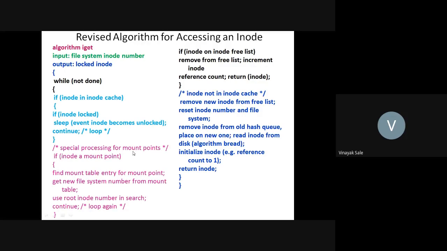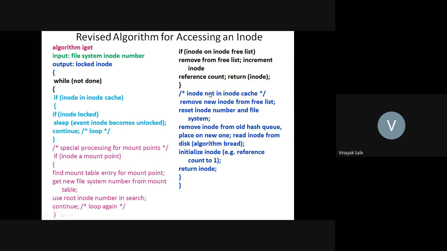Special processing for mount points. If the inode is a mount point, find the mount table entry for the mount point, get the new file system number from the mount table, use the root inode number in the search, and continue the loop again. If the inode is on the inode free list, remove it from the free list, increment the inode reference count, and return the inode.